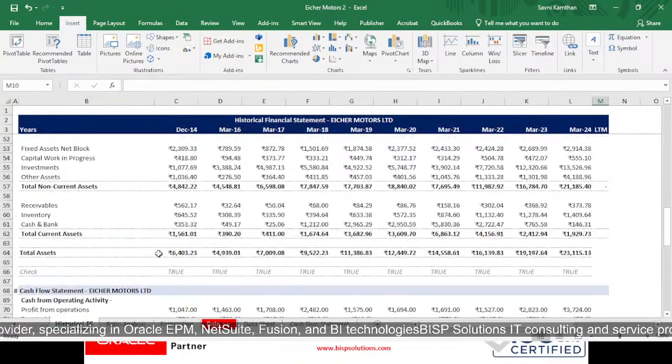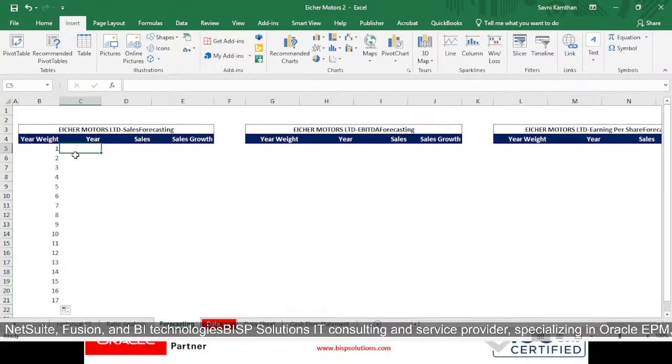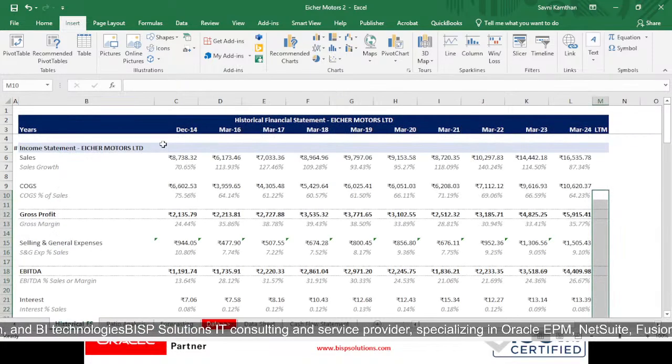For years, we will be going to our ratio analysis or historical financial statements where we have already mentioned our years. We will be seeing from which year they have started. So December 14 they have started.